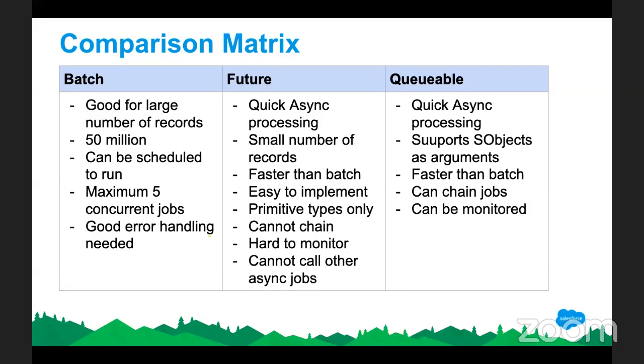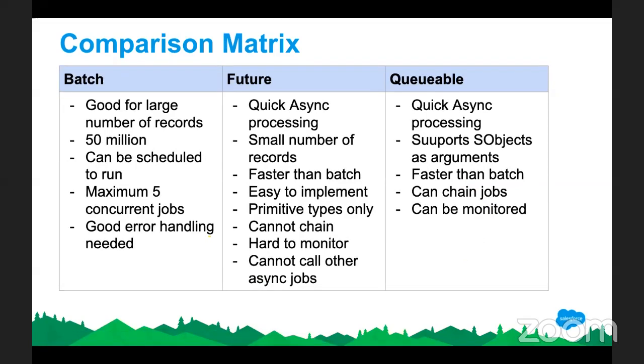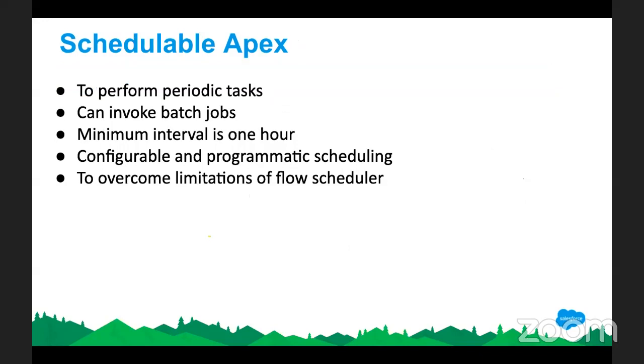Hard to monitor, that is the biggest trouble with future. Also it cannot call other asynchronous jobs like batch or Queueable. Queueable is quick asynchronous processing, supports sObject, sorry for that spelling mistake there. Faster than batches, can chain jobs. That is the biggest advantage of Queueable jobs, that it can chain jobs. It can be monitored.